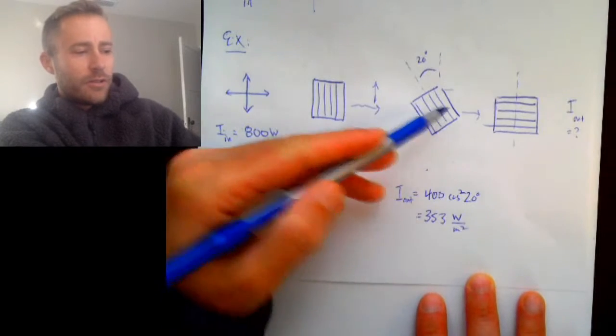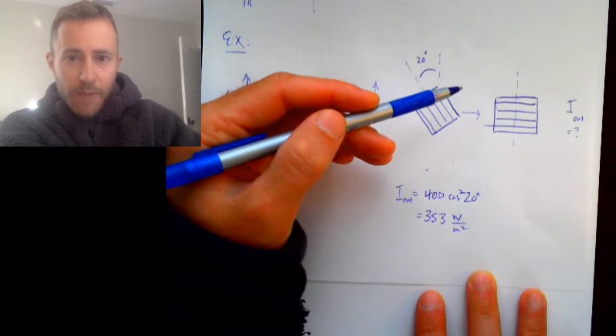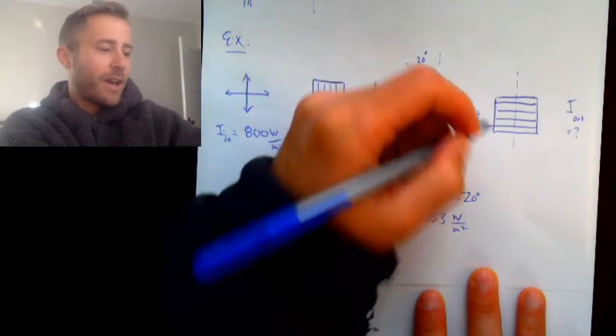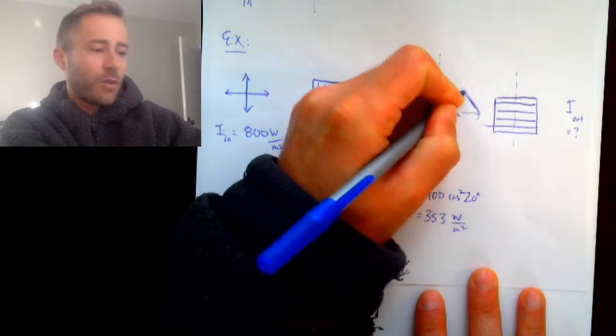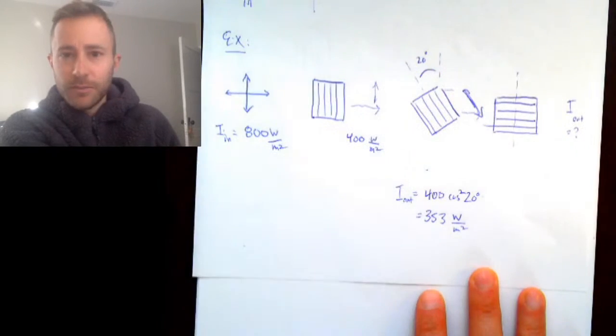So the intensity is reduced. And furthermore, the outgoing wave is going to have that angle of 20 degrees, so it's going to be polarized at 20 degrees.